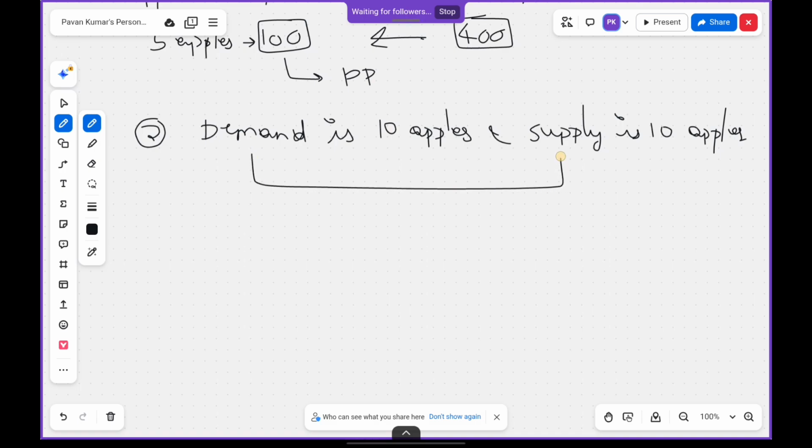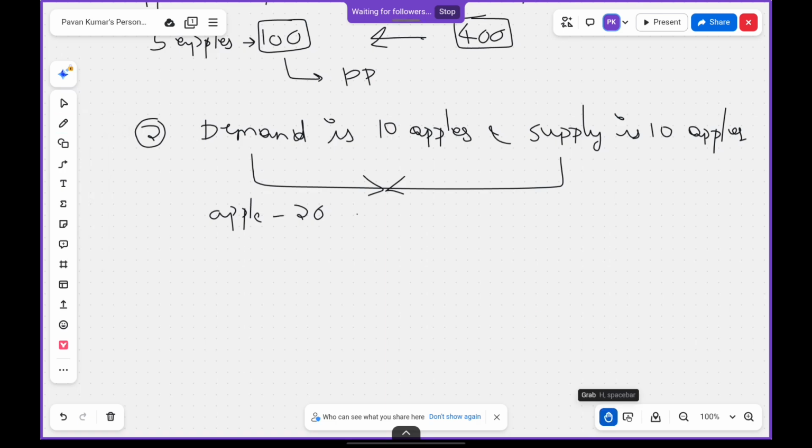Demand and supply are both equal. When both are equal, nothing will happen. The equilibrium will be maintained, and the fair price stays the same: one apple is 20 rupees. So whether the customer wants one apple or 10 apples, the price would be the same. There shall be no domination of either the supplier or the customer. So this is the equilibrium in the second stage.